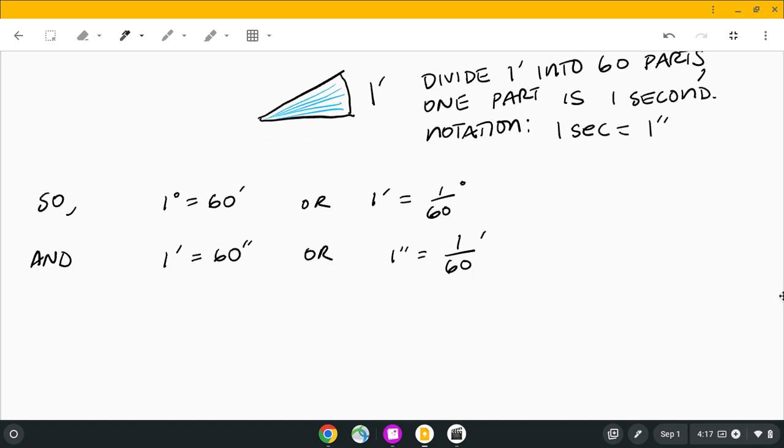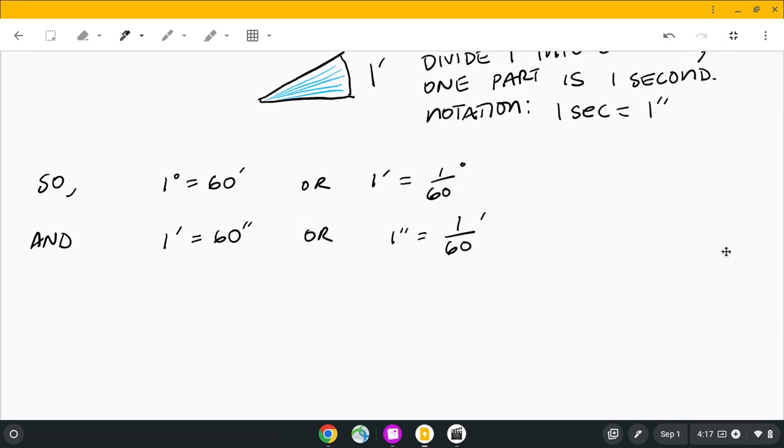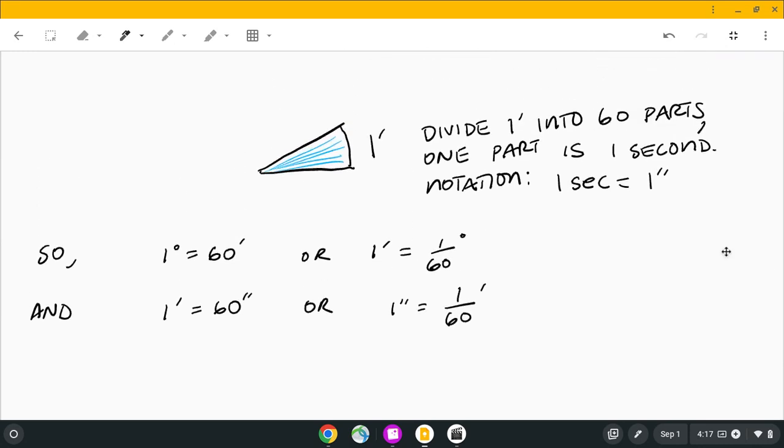All right. So let's take a look. As far as these angle measurements go, you're used to degrees probably, or radians. Degrees, minutes, seconds, you don't see it used too often. It is used in navigation, mostly on ships and boats. It's also used with telescopes.